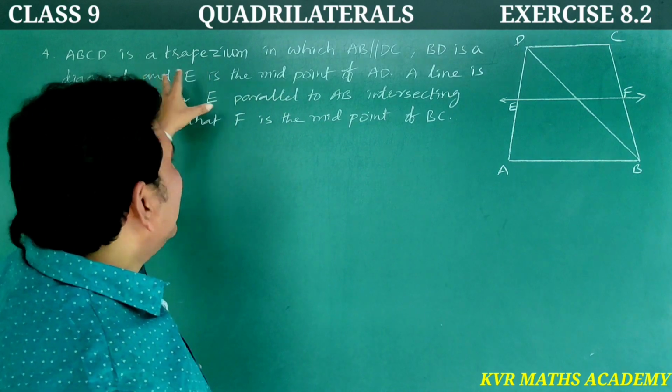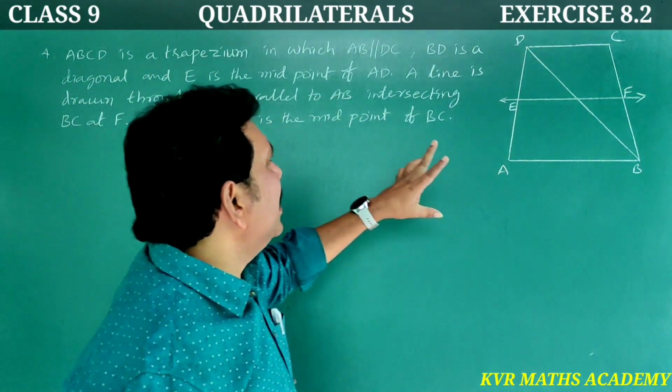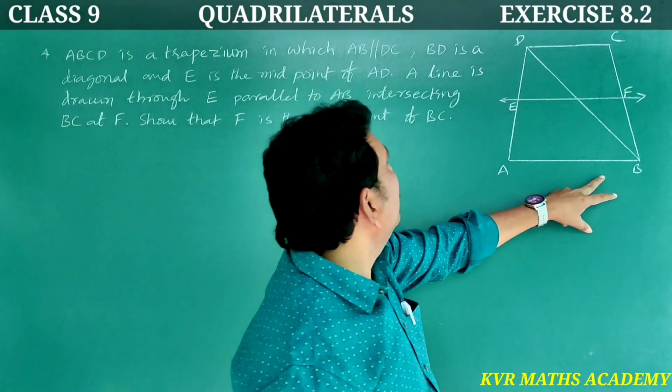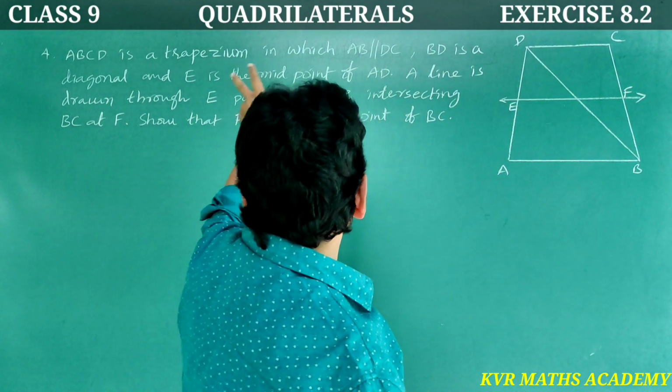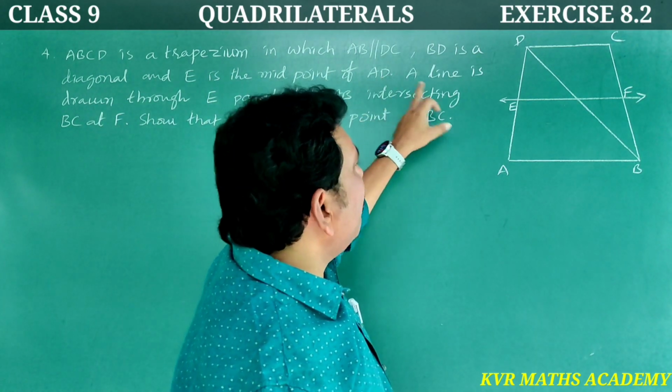Come again. ABCD is a trapezium, AB is parallel to DC. BD is the diagonal and E is the midpoint of AD.